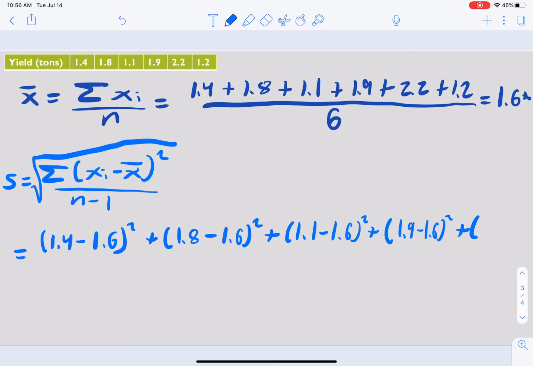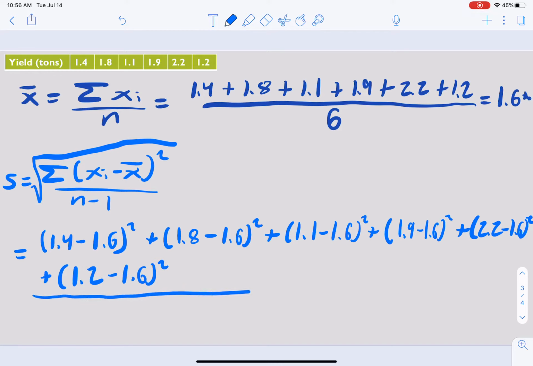Okay. 2.2 minus 1.6 squared. Plus, what's the last one? Oh, yeah. 1.2 minus 1.6 squared. All right. This whole thing is divided by n minus 1. I hate that so much. Okay, so when you work out the math, oh wait, square root of this, sorry.